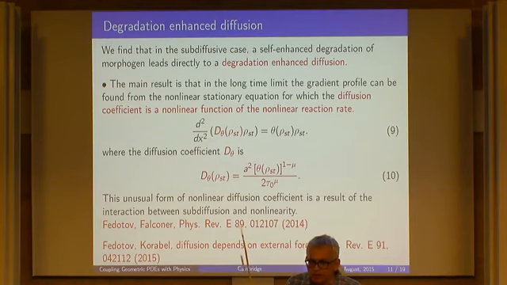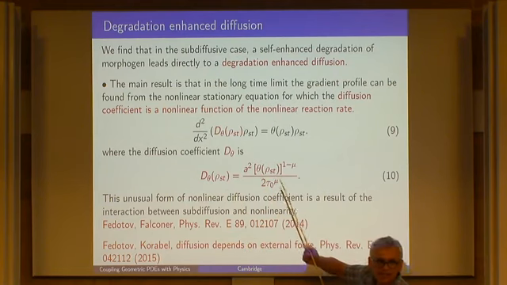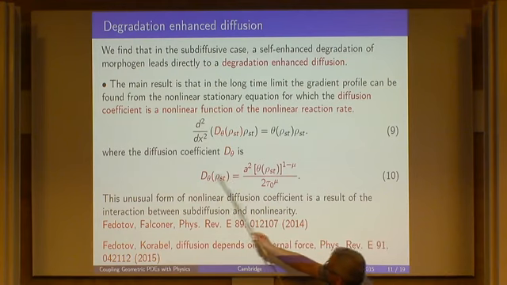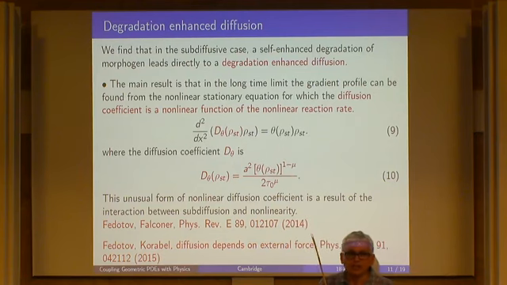Reaction has no influence on diffusion whatsoever. But here, if you take into account the subdiffusive effect, the effective microscopic diffusion in the long time limit depends on density. And it's not only density, it depends on the killing rate. That's important. You see, diffusion depends on this rate of killing. And that's the idea.